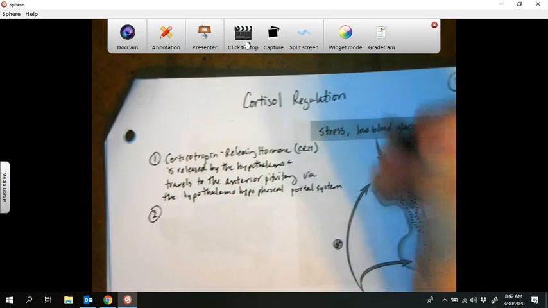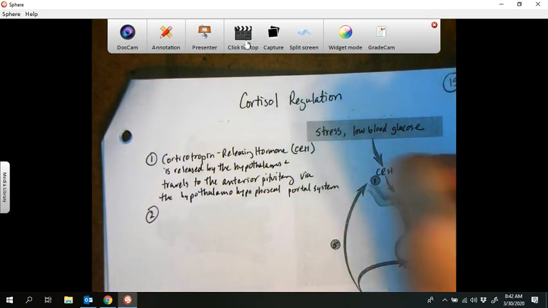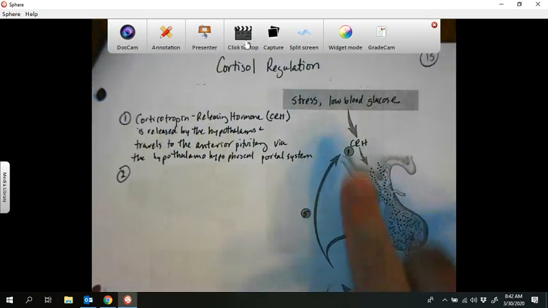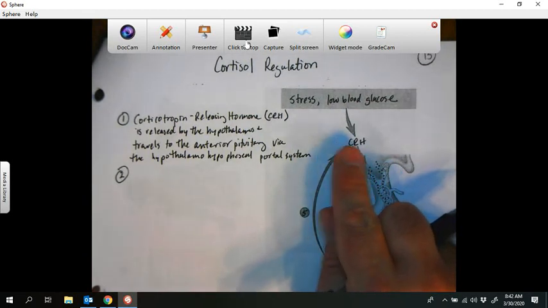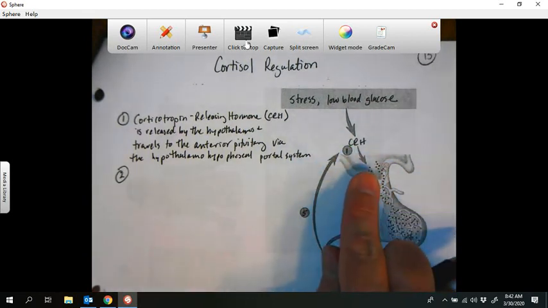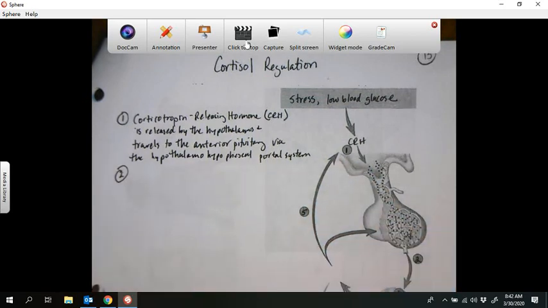So the CRH is triggered and released by the hypothalamus, and it travels into the hypothalamo-hypophyseal portal system down into the anterior pituitary.